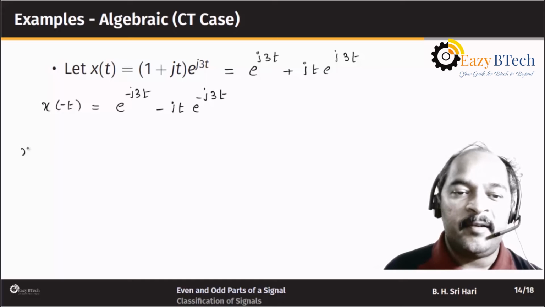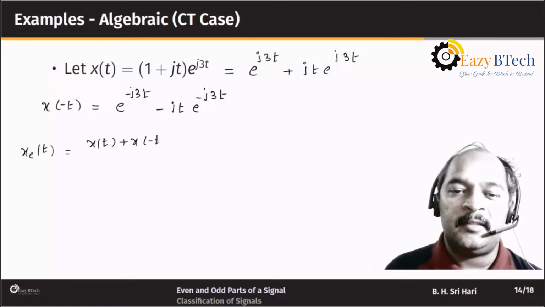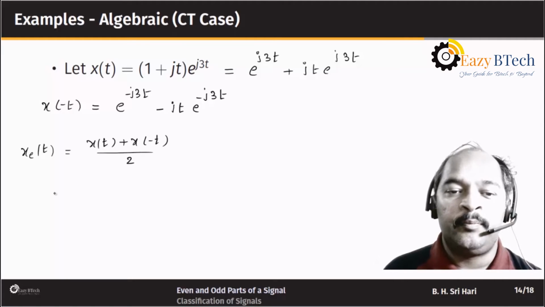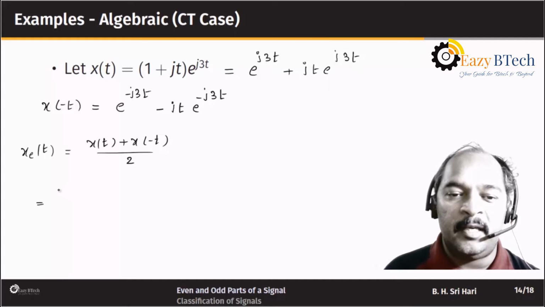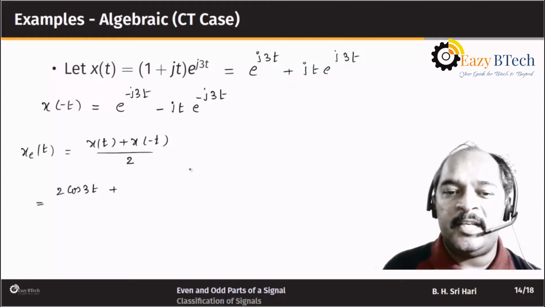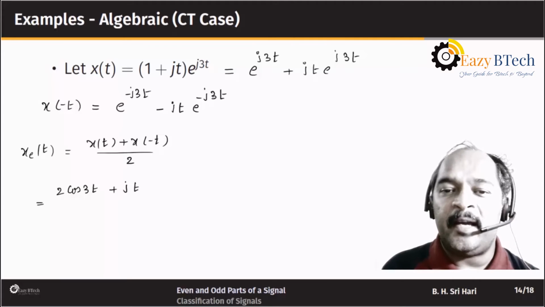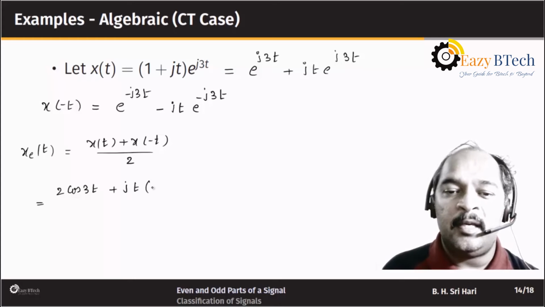So what is the even part? To get the even part, you have to add x of t and x of minus t, whole divided by 2. So e power j3t plus e power minus j3t would be equal to 2 cos 3t. Plus, in these two jt is common, so you will get jt common, and e power j3t minus e power minus j3t would be 2j sin 3t.